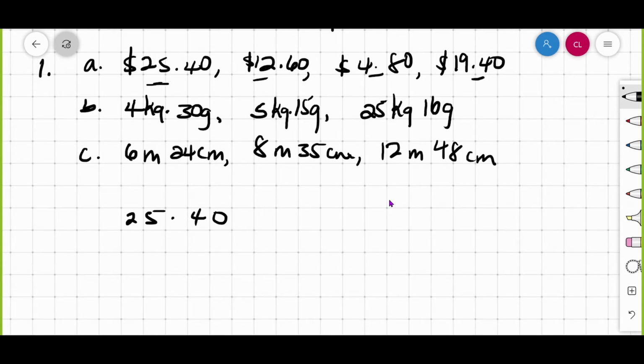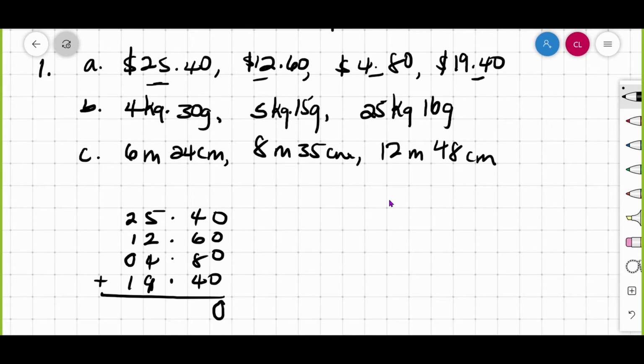So the $25.40, add that with the $12.60, with $4.80 and $19.40. I'm going to put a placeholder here. All of this line is 0, right? Let's add now. 8 and 4 would make what? 12.